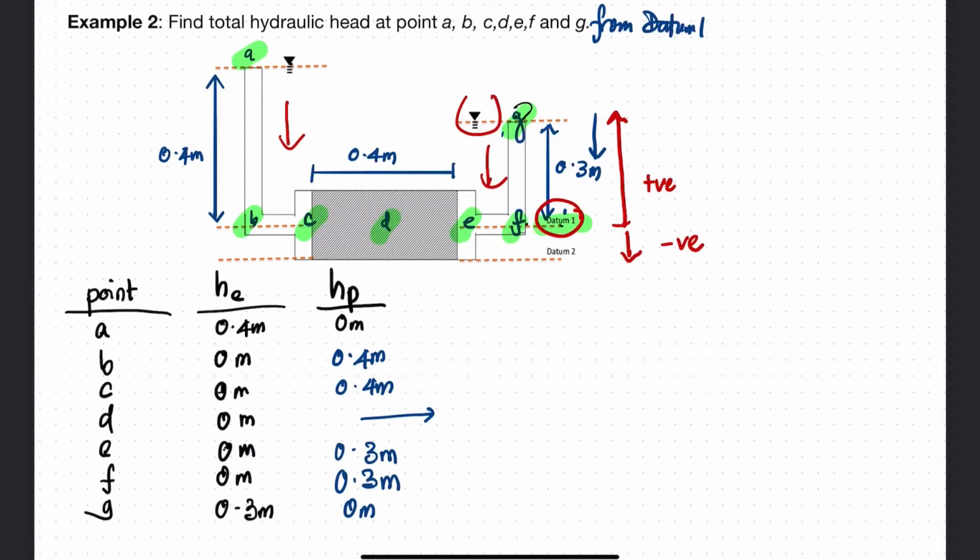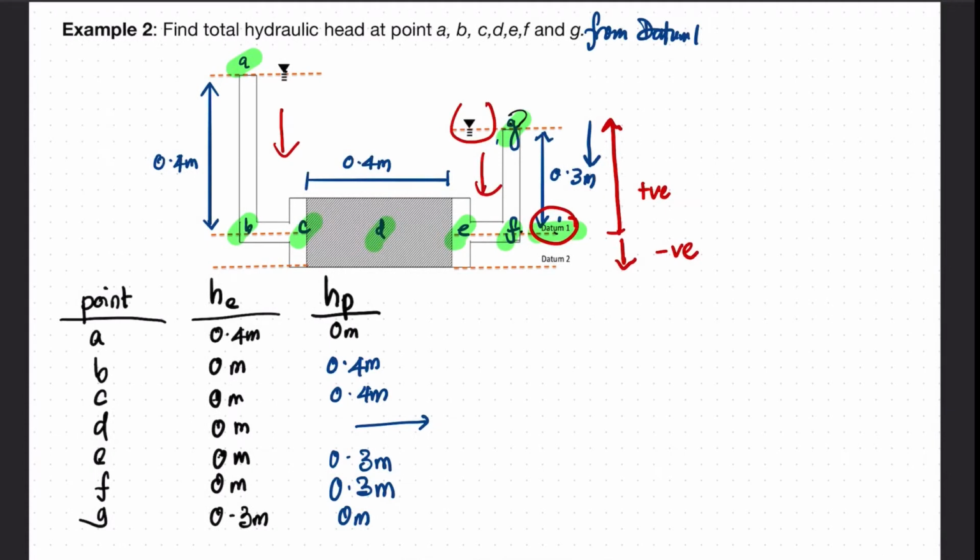Now, we need to calculate at point D. You need to include the effect of pressure drop due to the movement of the liquid within the media. So you're going to have some correction factor in the calculation of pressure head.